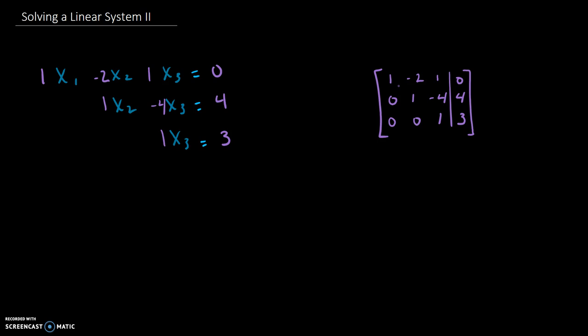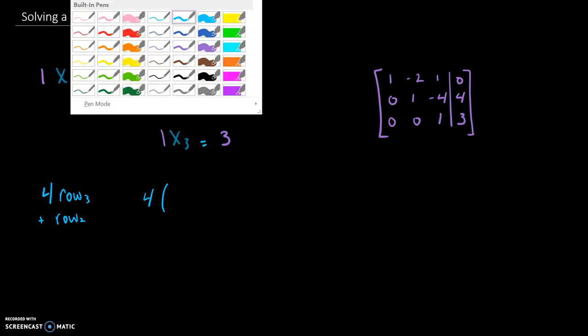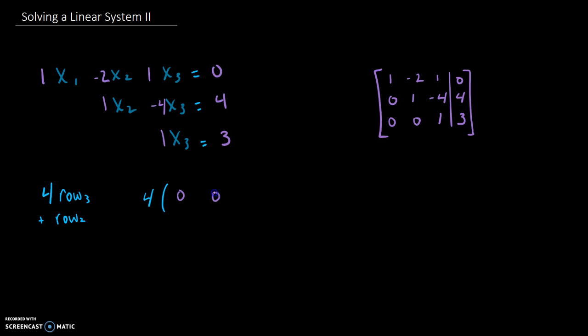So what we're going to do here is we're going to say 4 times row 3 plus row 2. And we get 4 times 0, 0, 1, and 3.